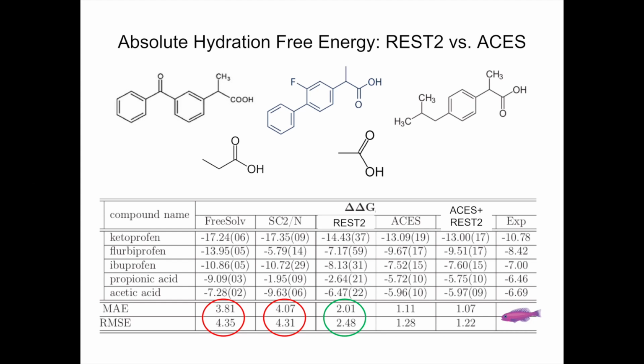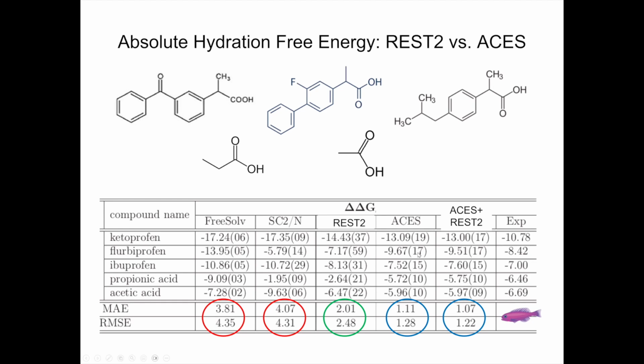When we use the ACES approach, which is our version of enhanced sampling, the errors dropped even more than with REST2. And it turns out that REST2 and ACES are mutually complementary techniques. So you can use REST2, you can use ACES, you can use both at the same time. If we used REST2 and ACES together, it drops a little bit more, but essentially it's the same as ACES.